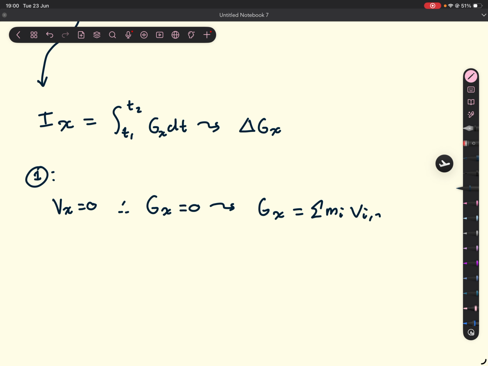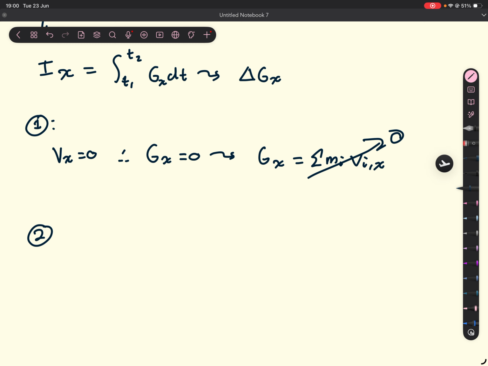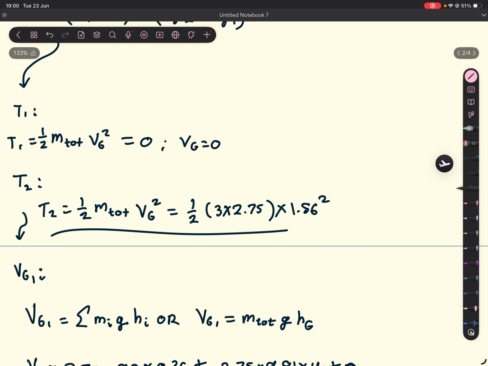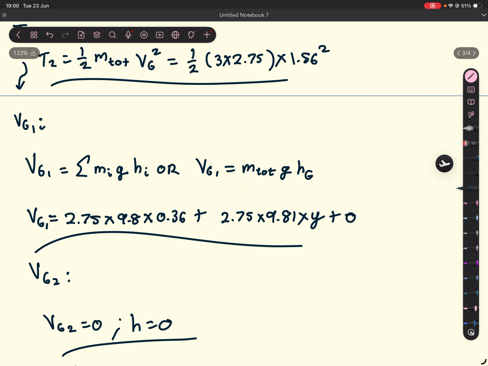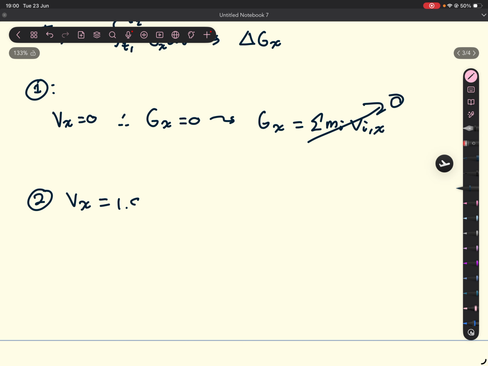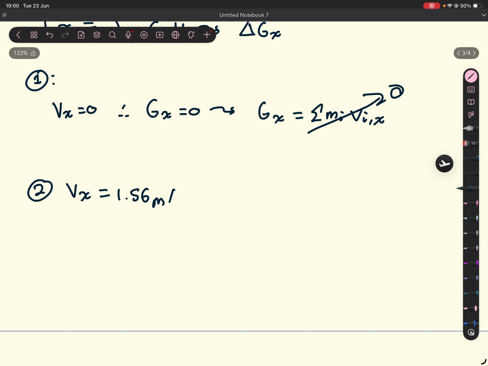Okay, and then for state 2, Vx for the whole system will be equal to 1.56 meters per second, right? So then Gx for state 2 will be equal to the sum of mi vi x, but it's also equal to the total mass times Vg, right?